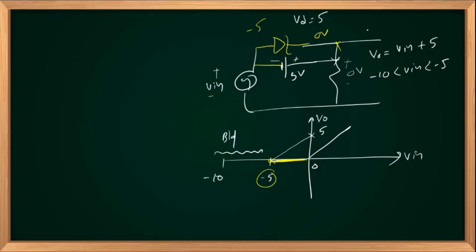So again the y equals mx plus c form. Y intercept is 5, so if you extend this curve, it will meet the Y axis at 5 volts. And slope is 1, m is 1. V out equal to V in, so it passes through -5. And this will be the transfer characteristics curve.